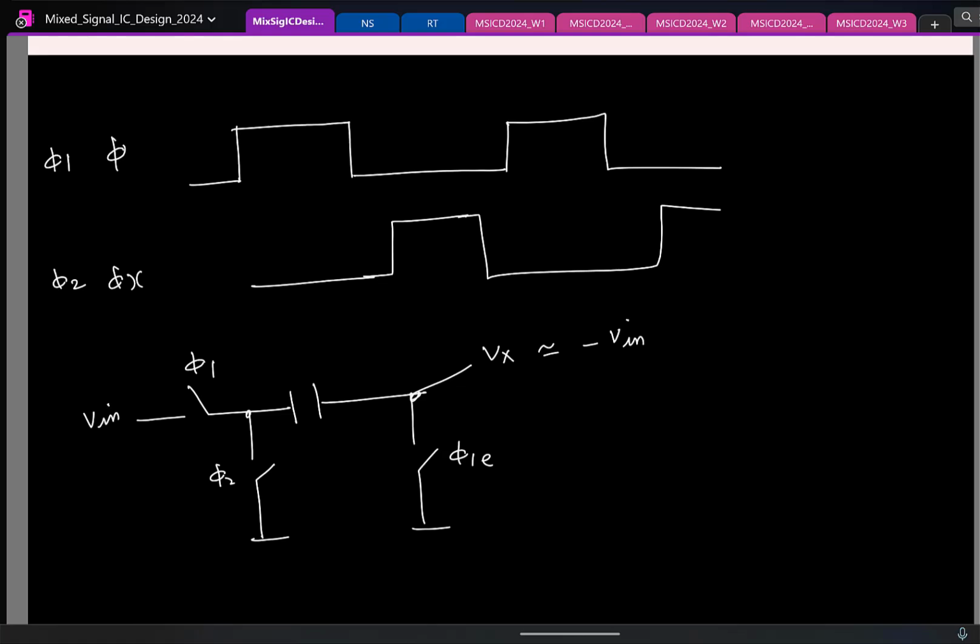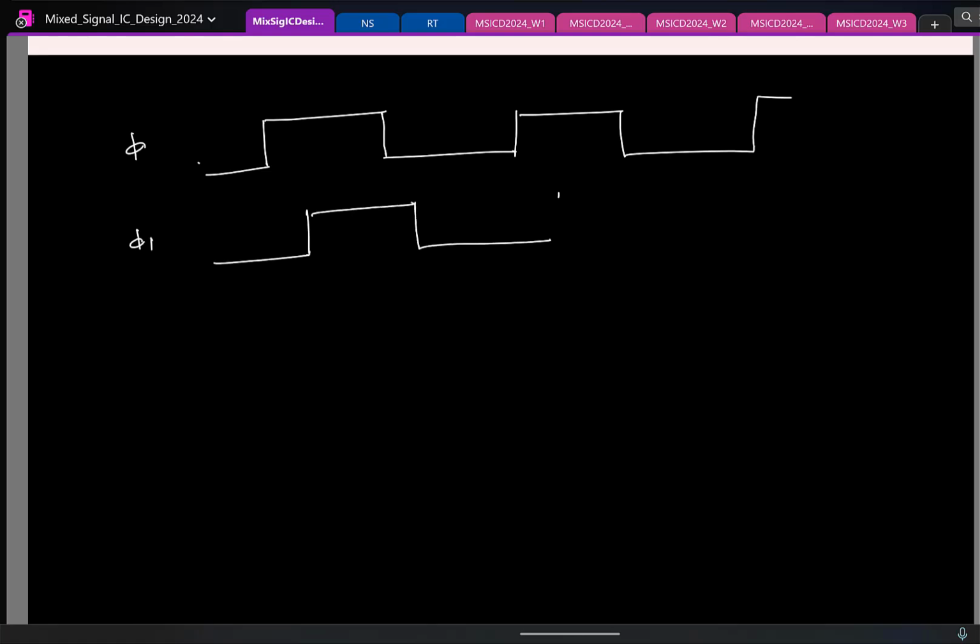So now the question is, how do you generate these two clocks? The input to your circuit will be one master clock, and you have to generate all the other things. That is actually not a major deal. Let's briefly look at it. Let us say this is your input clock, something like this, and you want to generate phi 1 and phi 2 that look like this.